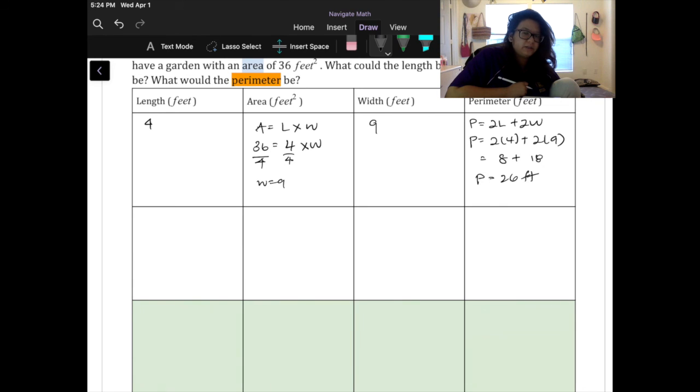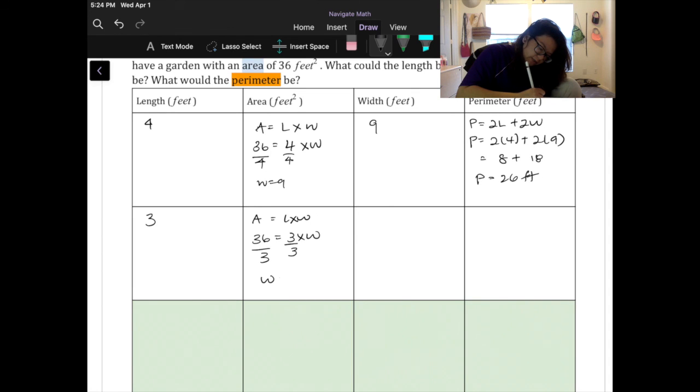Another way I can do this is I can switch the numbers. What I mean by that is I can have my length to be 9 and my width to be 4. Or I can come up with other numbers. So another way we can do this is, let's say my length is 3. I know that area equals length times width.